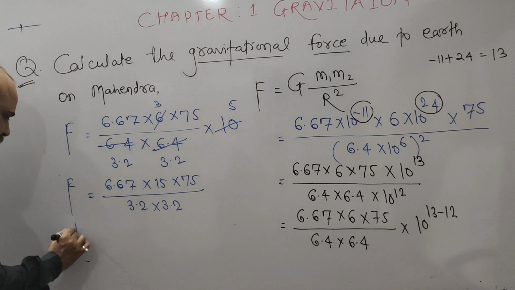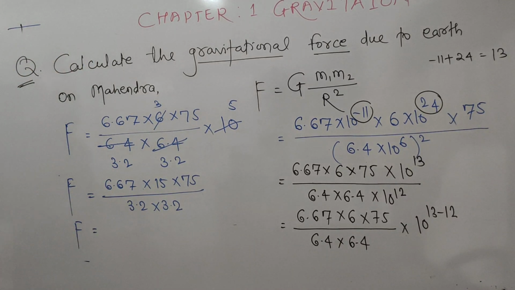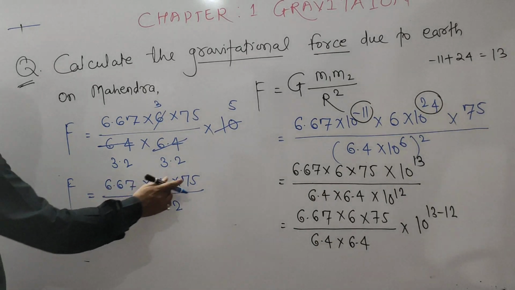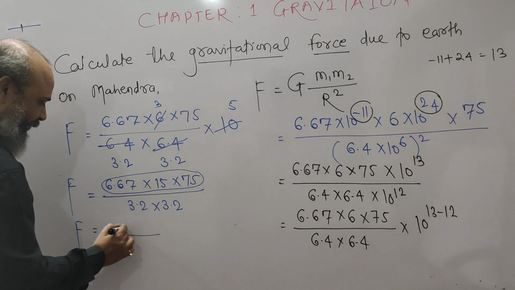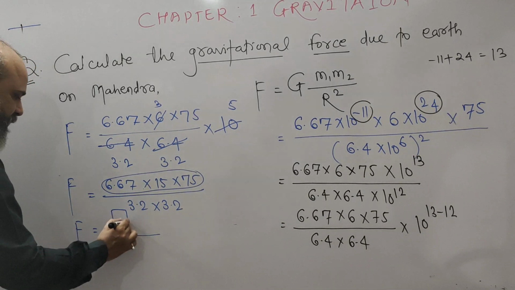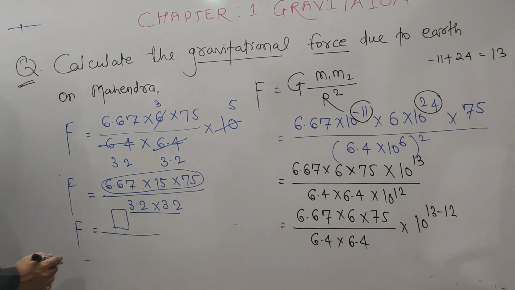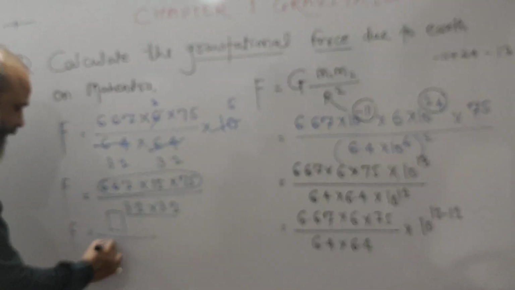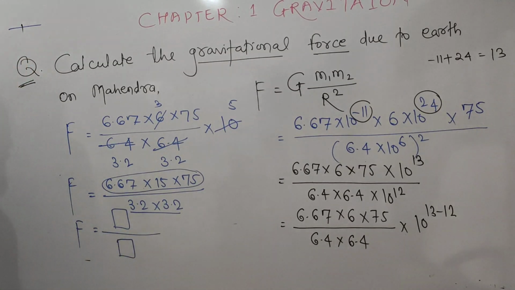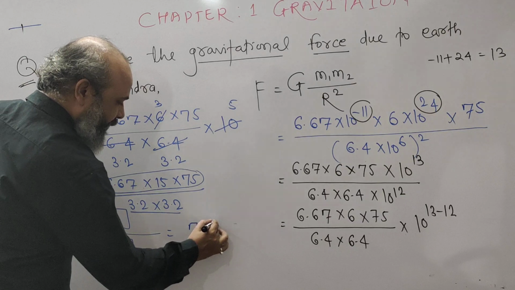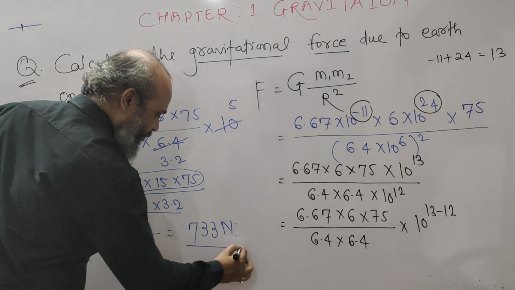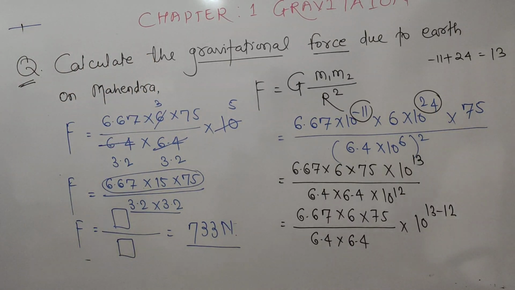When you multiply all these values, you will get some number in the numerator and some value in the denominator, and then finally you divide and you will get the answer: 733 Newton.